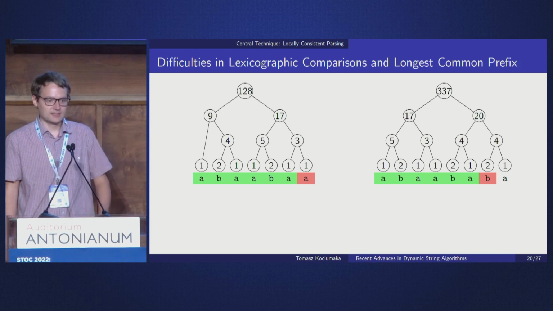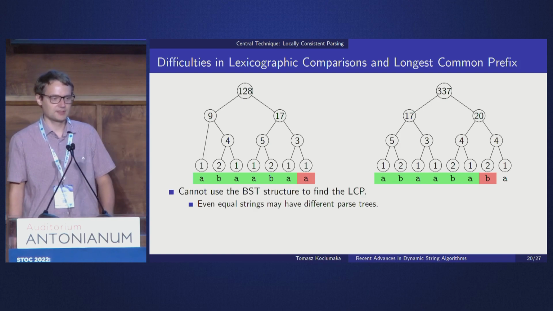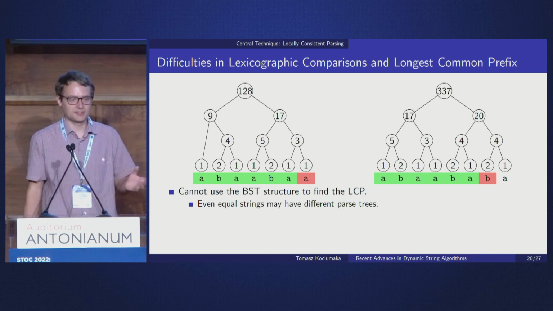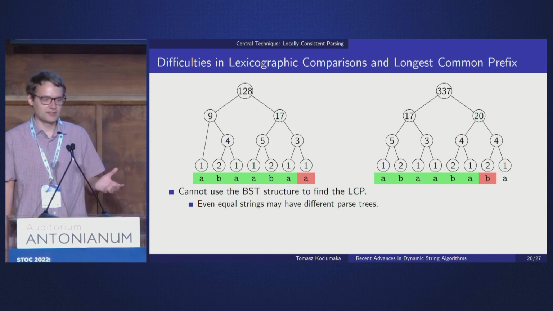The main reason why this is the case is because the shapes of these trees are pretty arbitrary. So even if the strings were equal, the shape of the trees on top of them does not depend on the content of the strings, but on how they have been created using these splits and concatenations.